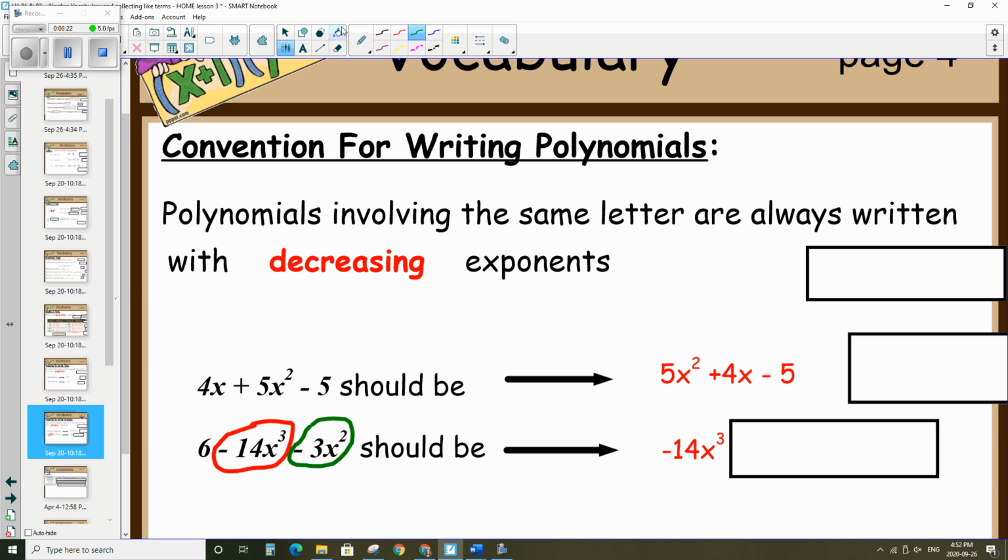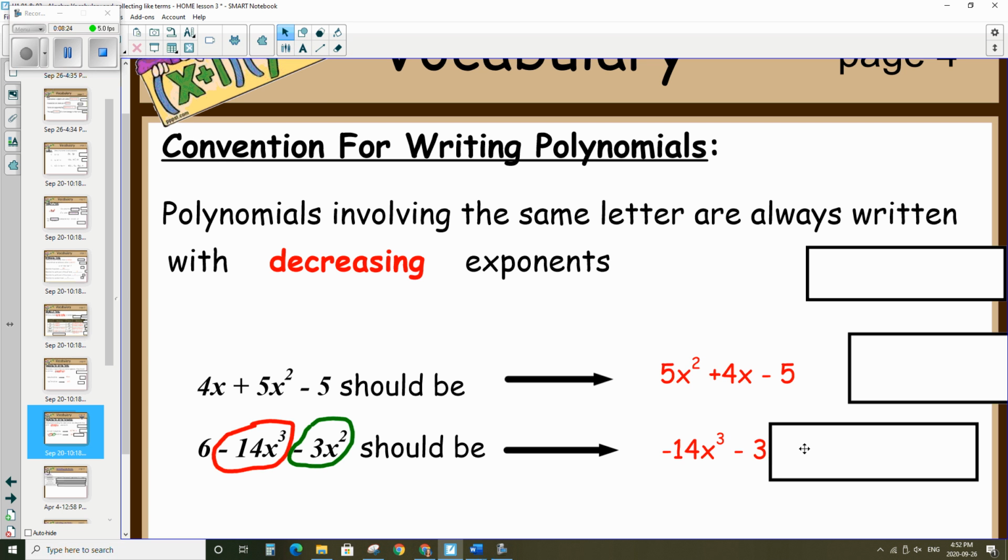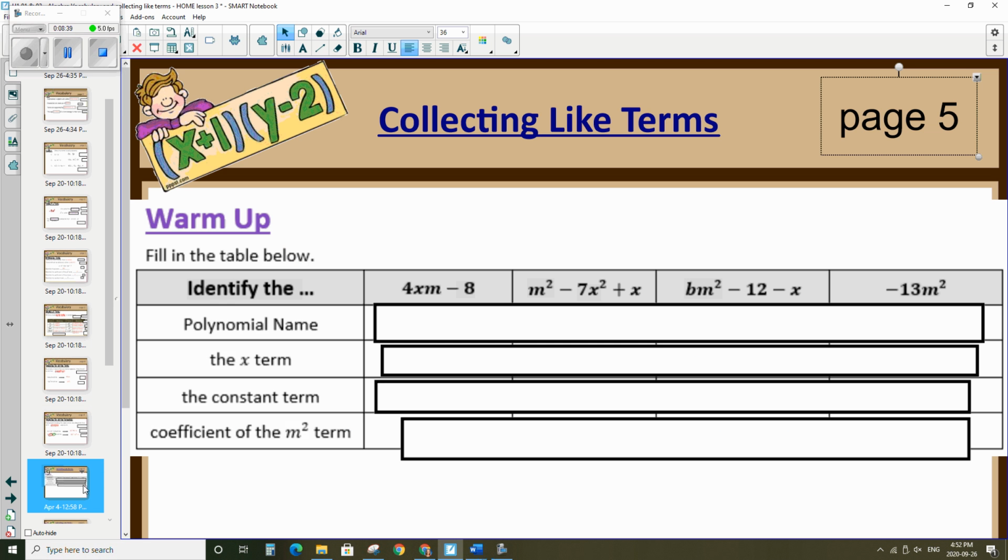The negative moves with it, so -3x squared. And then at the end we have a 6, and there's no sign in the front, which means it's positive. So at the end it will be +6. Whenever you move a term, the sign that's directly in front of it has to go with it.